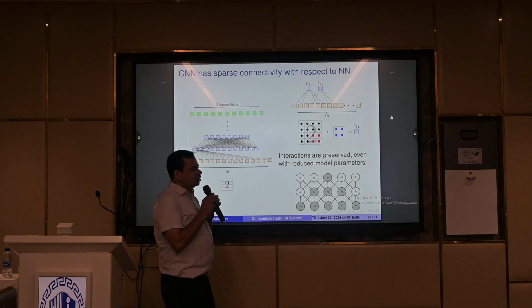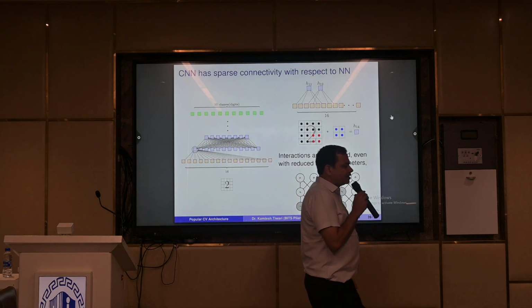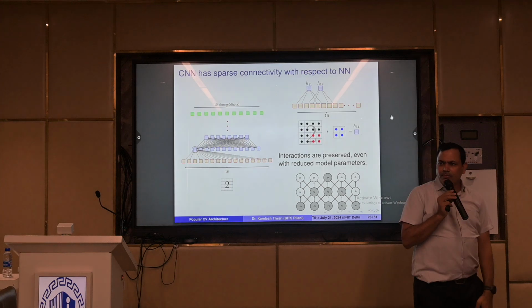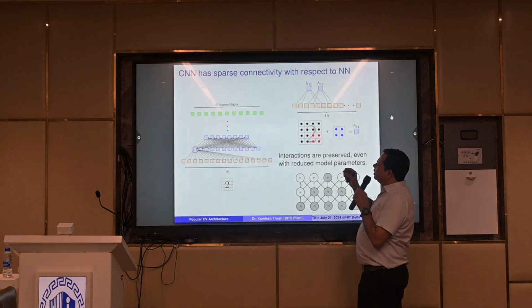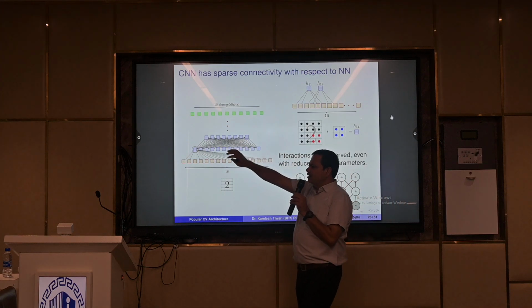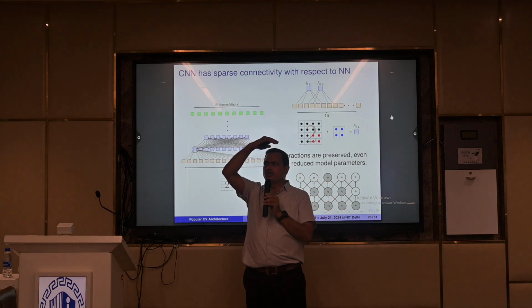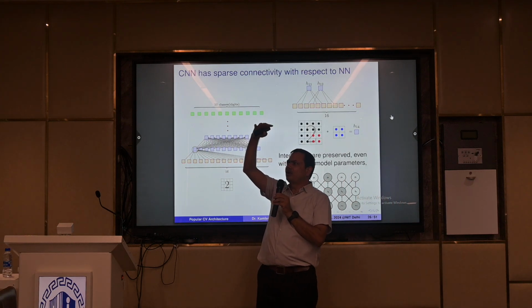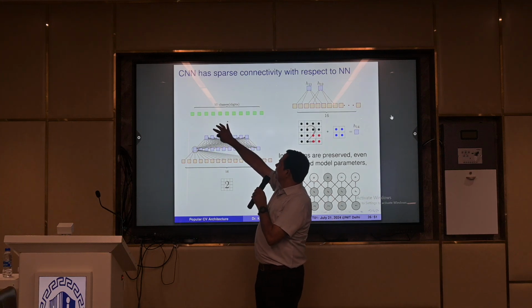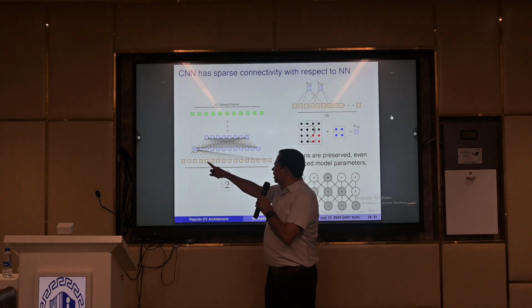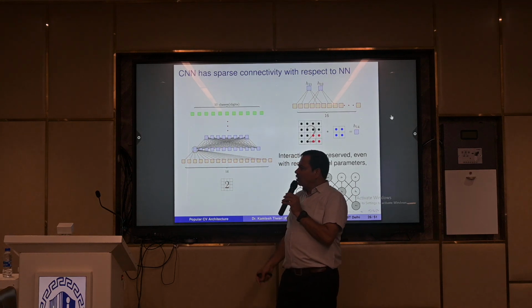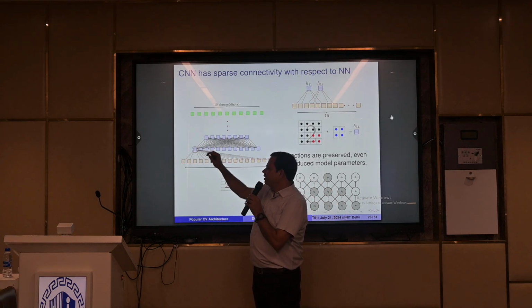Actually, what happens is that this thing we call sparse connectivity. By having the CNN, you can think that if you have an image, first row, then second row, then third row, you cut out those values and put them one by one. From this 2 cross 2, you are going to get all these values side by side. On this you are applying a filter.